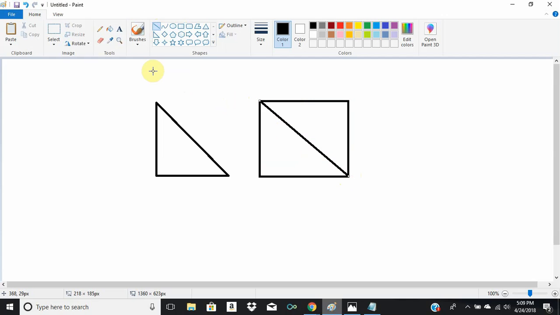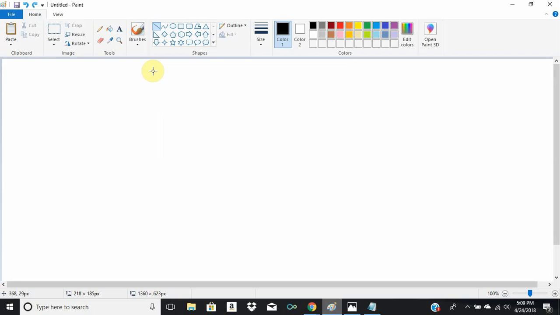Now I'm going to talk about the 3 types of tessellations you can do. There's translation tessellation, rotation tessellation, and reflection tessellation. I'll talk about the translation tessellation first, and I'll show you how to do it.